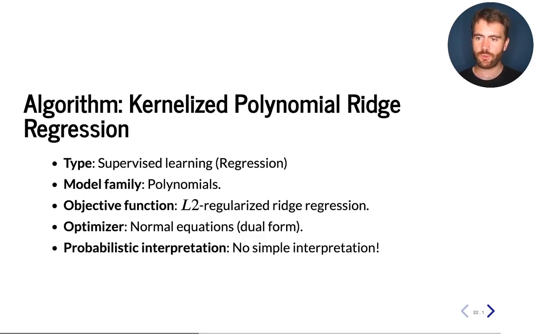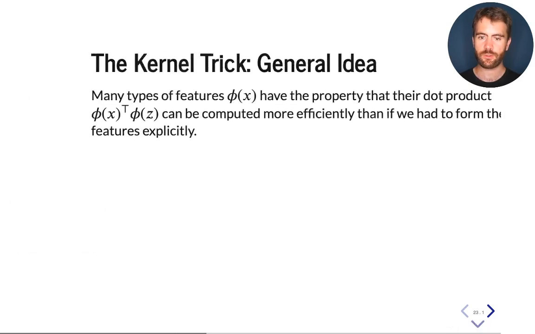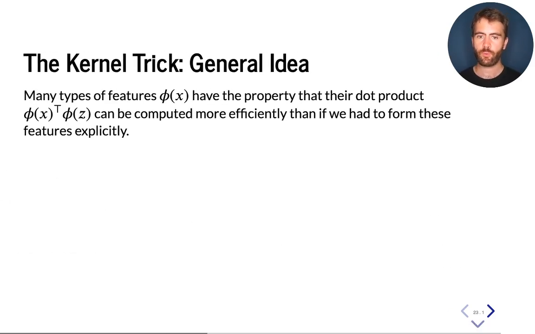Whenever we use that equation that I had at the beginning of this video and in the previous video, and whenever we compute these dot products using a version of the trick that I showed earlier, this can be considered its own algorithm, and it's called kernelized polynomial ridge regression. And more generally, this kernelized ridge regression is one algorithm for which we can apply this idea called the kernel trick.